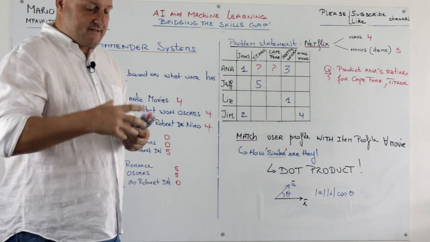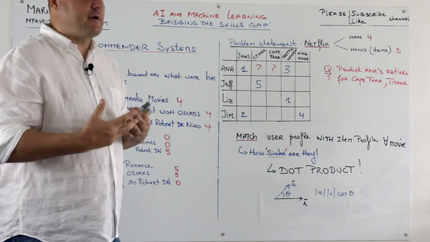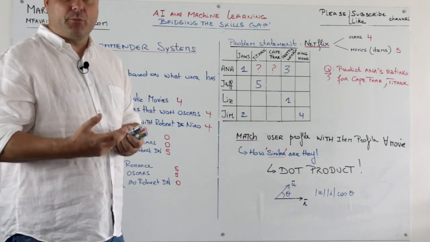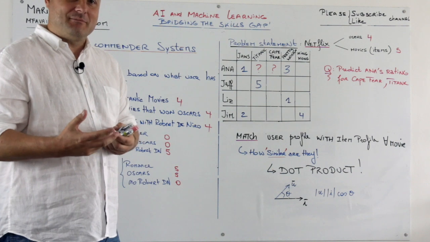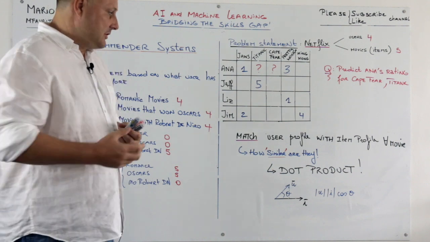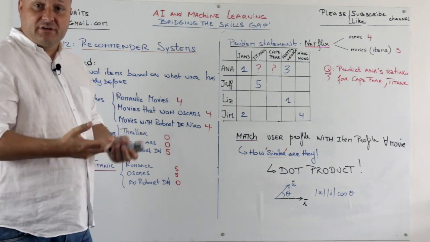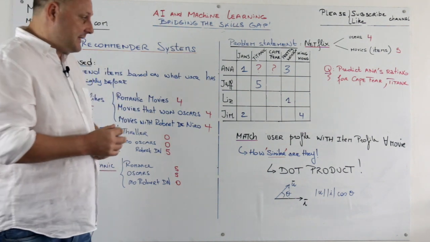Now, similarity, we have to express in a mathematical way. And one popular way to express similarity in mathematics is the dot product. Don't worry, I'm going to try to explain it intuitively if you don't know what a dot product is.